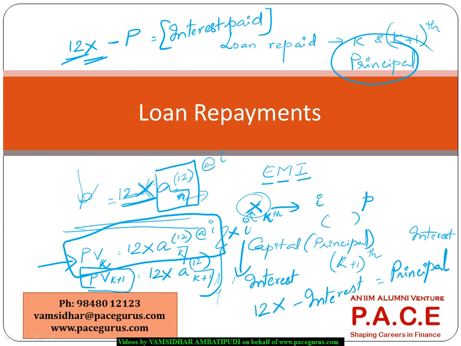Similarly, the other side is to find the principal outstanding as of the previous period, multiply it with the interest rate and say that is the interest composition for that particular period, and subtract that number from 12X to compute the principal repayment portion.